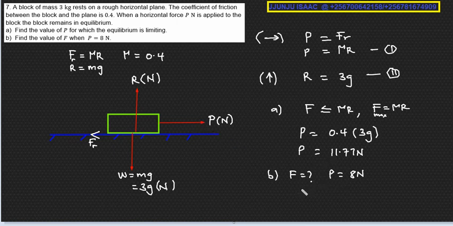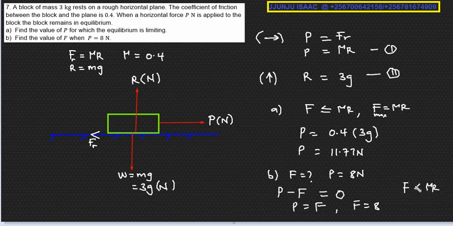So which means that P minus friction force, we shall get 0. We cannot have any motion, so P will be equal to F. So our F is going to be equal to 8. But this is when you have friction force less than mu R.